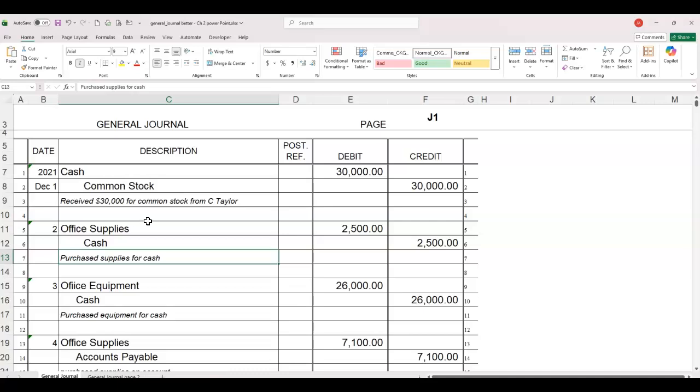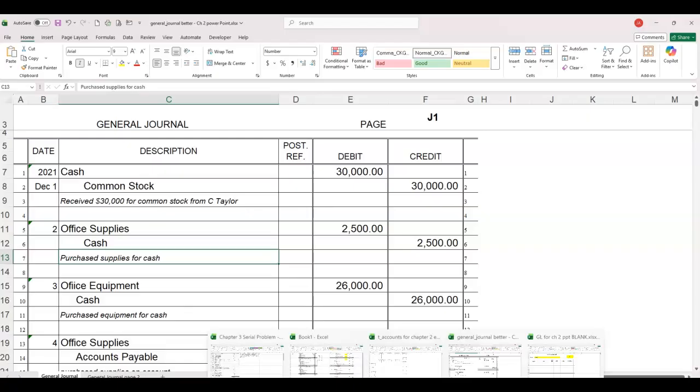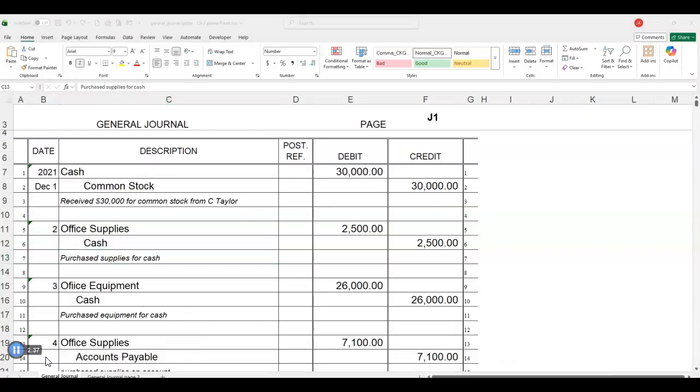When you post to the ledger, see if I can find the ledger here, all you're going to do is take this information that you've already recorded, and it's a simple matter of just entering this amount as a debit into this account. That's all you got to do.